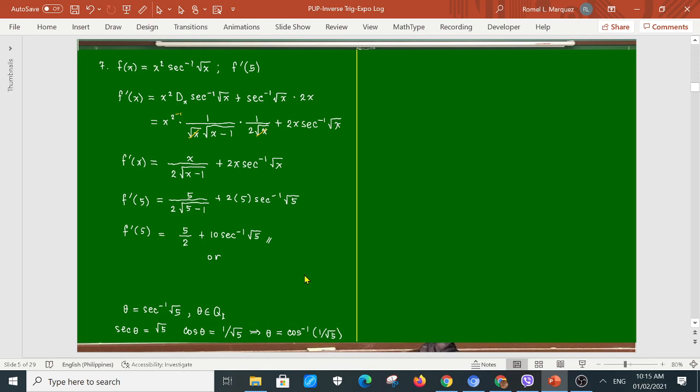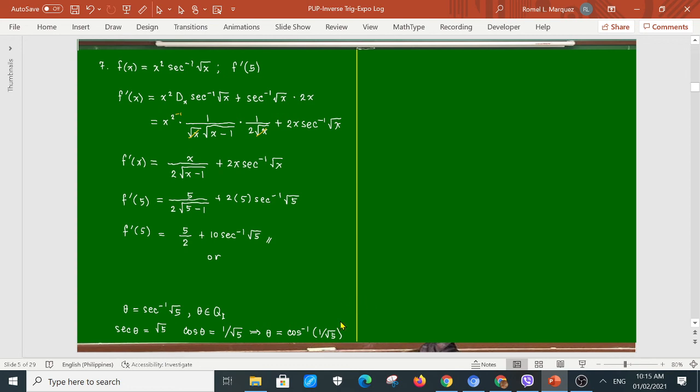Then make sure you get a value that is a real number or in radian measure. What you will get in your calculator is normally in degrees. Remember, we take the argument as a real number or as radian measure. So times pi divided by 180 degrees.